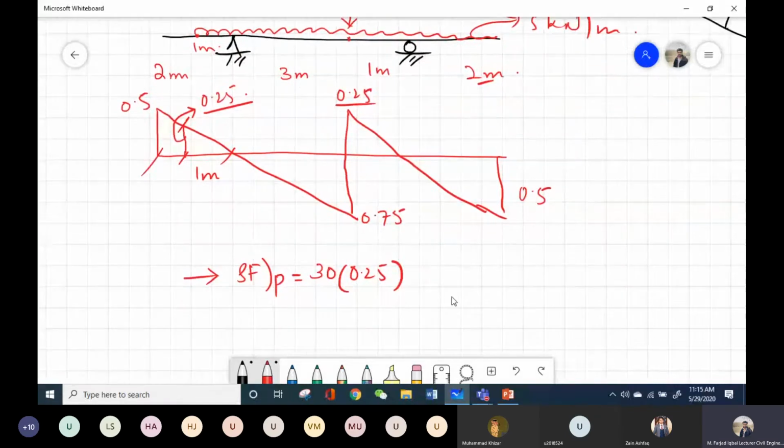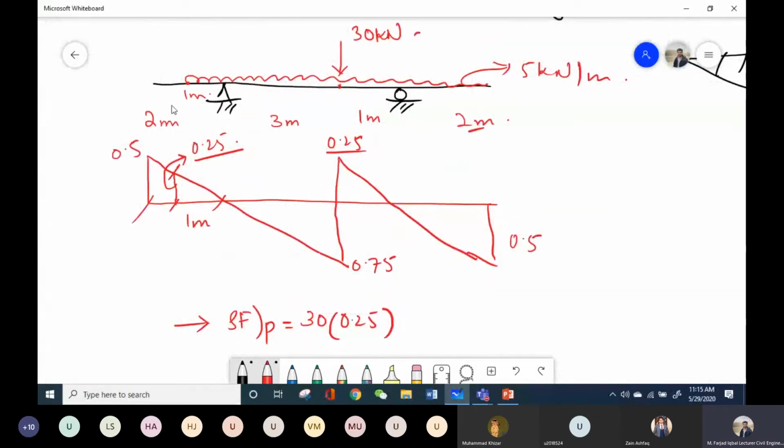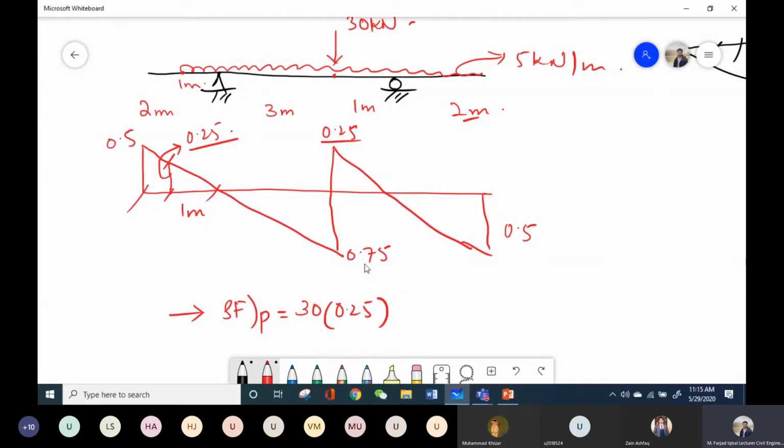So for the point load, I will multiply it with this coordinate, and for the UDL, I have to multiply with the areas of these triangles. My UDL is 5 kilonewton, so let's say 5 into, what is this area first? Half into 0.25 into 1, okay? And for this triangle, what will be my area? Plus half into 0.75 into 3, as this length is 3 meter.